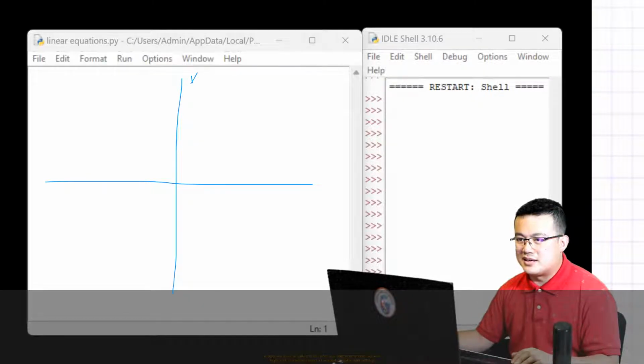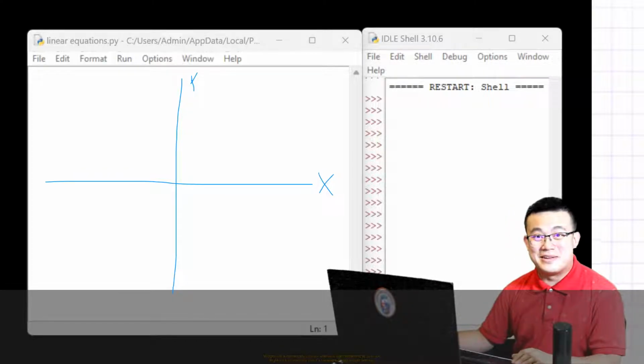So this is the x-axis, and this is the y-axis. Now, a line going through this plane can be described by a formula. The formula can be y equals mx plus b.